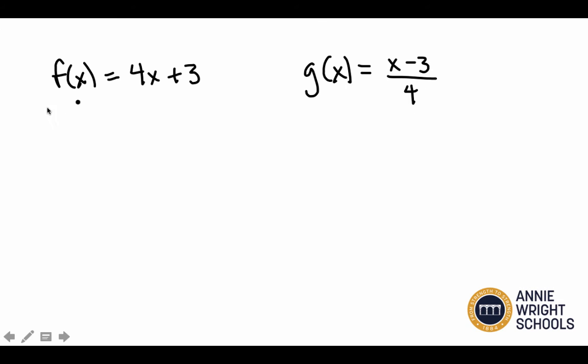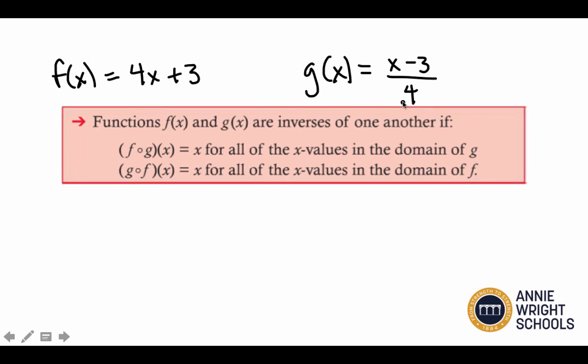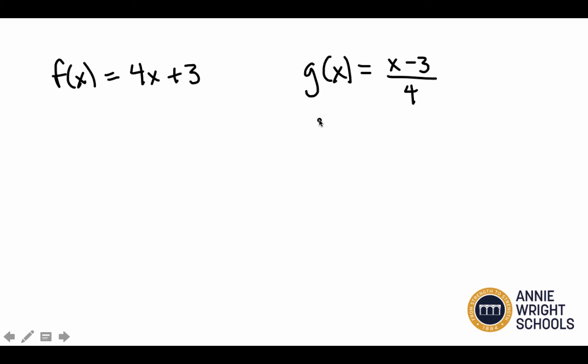If you're asked to verify that f and g are inverses, you want to use this property here, that f composed of g of x equals x and g composed of f of x equals x. That's the only way to verify these are inverses of one another. So I'll do that here.